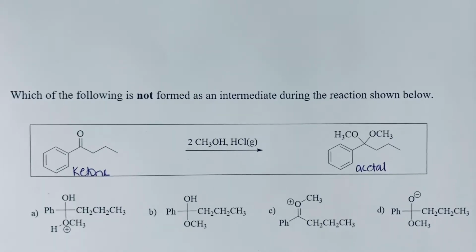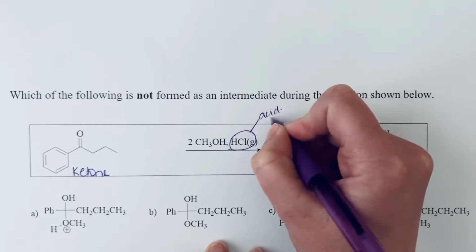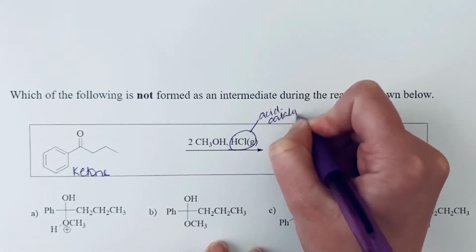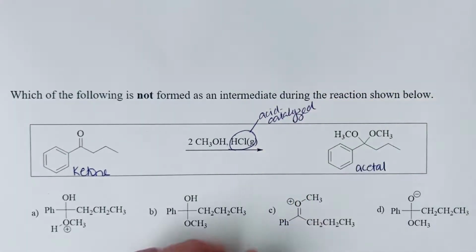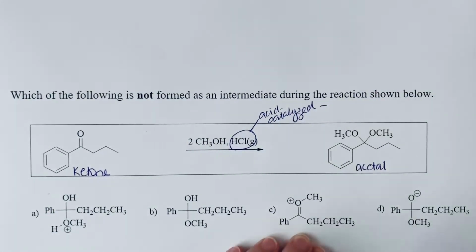But before I get to that, let me give you the fast way to get to this answer if you don't want to draw the whole mechanism. One thing to notice is that this is acid catalyzed. And so we have talked about acidic conditions many times in this class. And we have said that when you are under acidic conditions, you cannot form a strong base at any point in your mechanism.